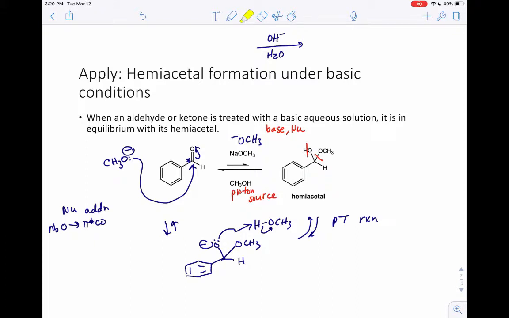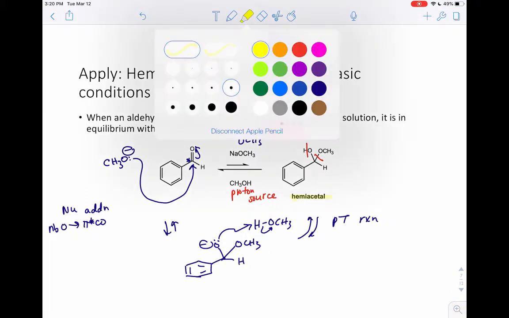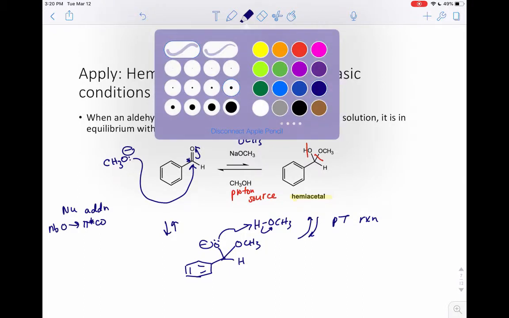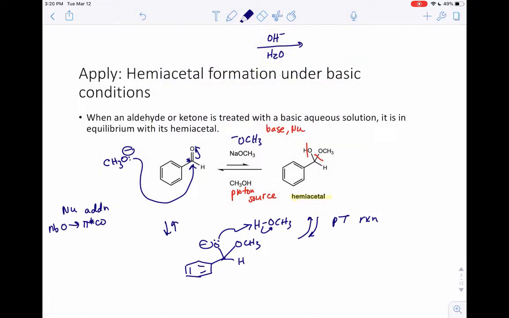Now, I did not define hemiacetal. I apologize. Hemi means half, and a hemiacetal is simply half of an acetal. If you recall the acetal functional group from the introduction, the acetal functional group has two ether-looking groups, so two alcohols bonded to the same carbon, which used to be a carbonyl.